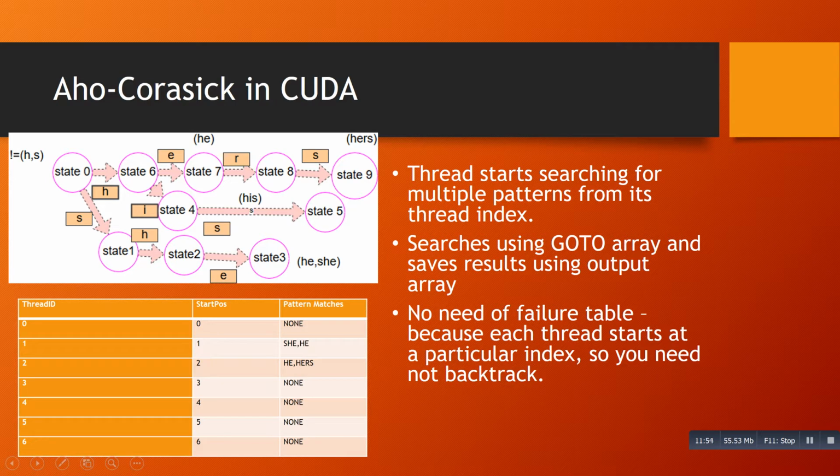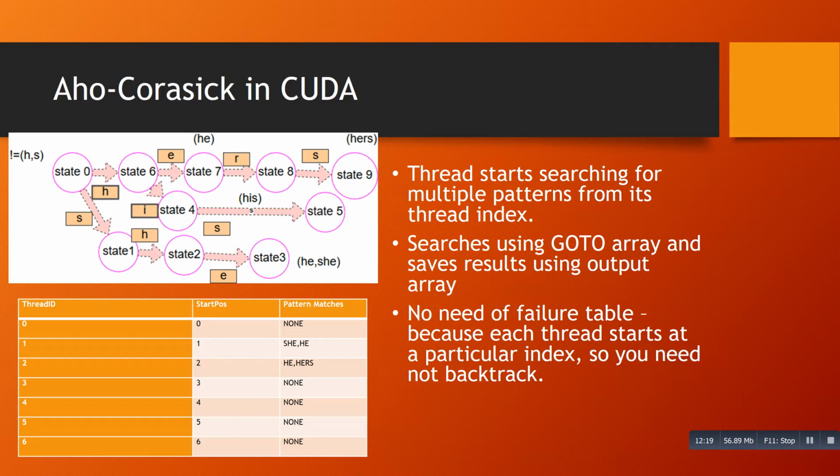So at state 9, it looks at the output. Every time it moves to a different state, it looks at the output table to see if there is a pattern that ends at that particular state. So at state 9, hers has ended. So it comes to the conclusion that hers exists in the input text.